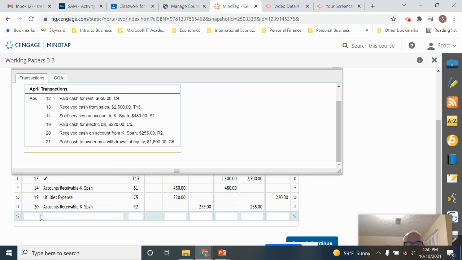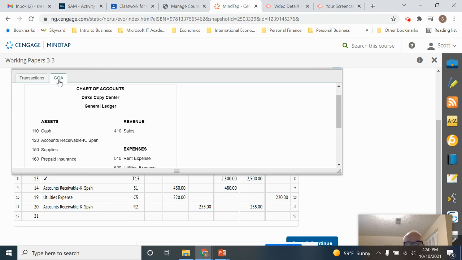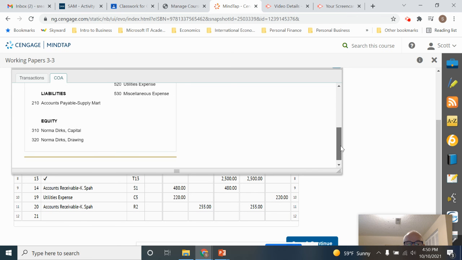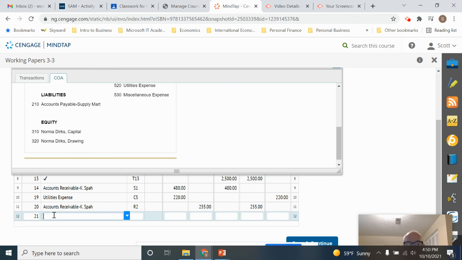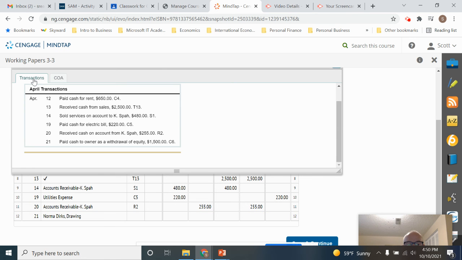Finally, down here in 21, paid cash to owner as withdrawal of equity. Chart of accounts. What's my drawing account? Norma Dirks, comma, drawing. Again, we increase a drawing account with a debit, which in turn is a reduction in owner's equity.